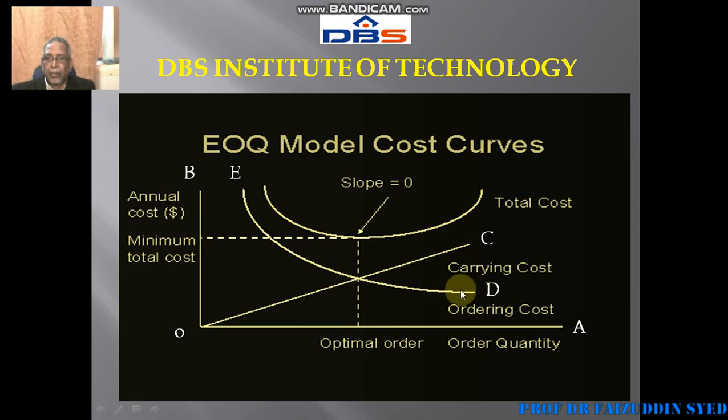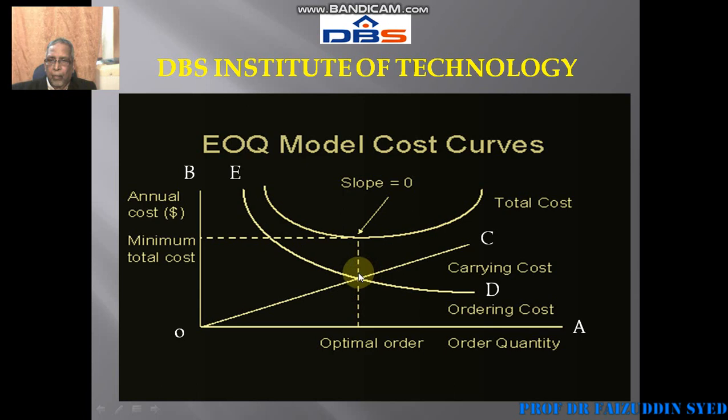So here you can see another line, DE. Say it is a curve. This curve has been formed by purchasing the maximum order quantity, that is D, which rises to the point E, which is the total cost of the material. This OC and DE intersect at a point.